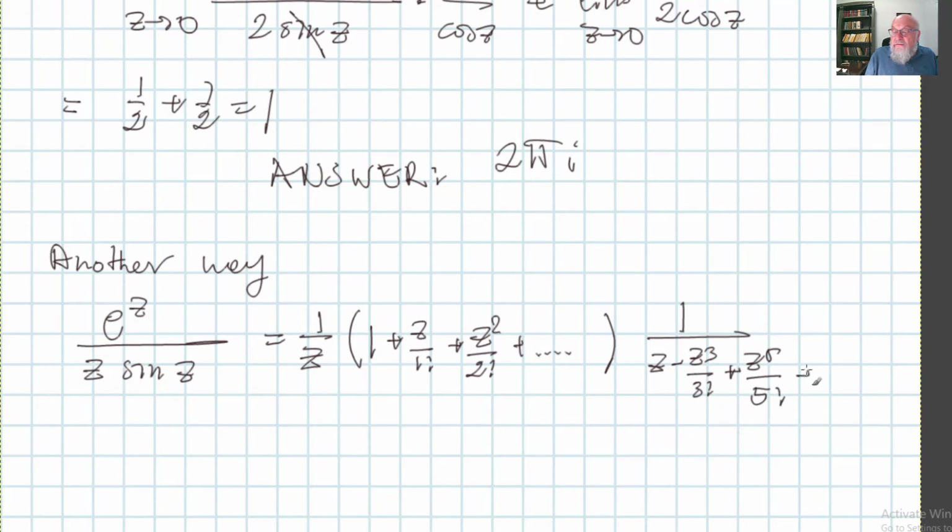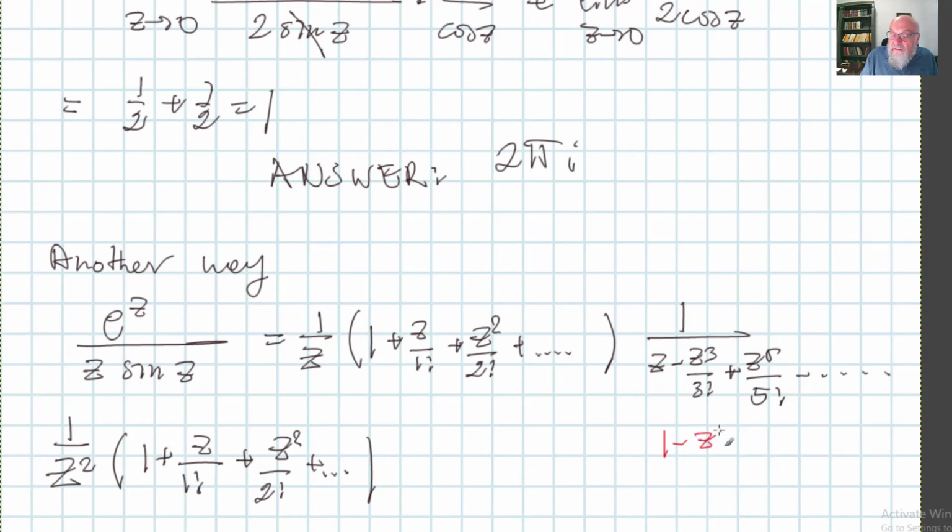I pull out this z, so what do I get here? I'm getting 1 over z squared times 1 plus z over 1 factorial plus z squared over 2 factorial plus, and then, just do it quickly, minus z squared over 3 factorial, minus z squared over 5 factorial, and so on.